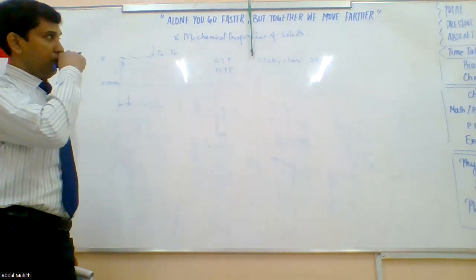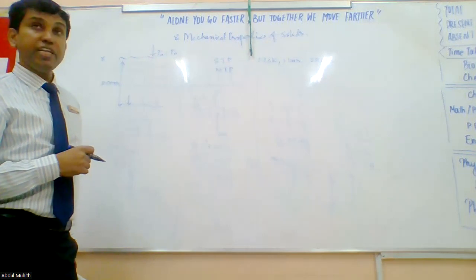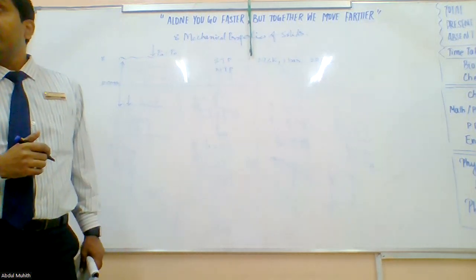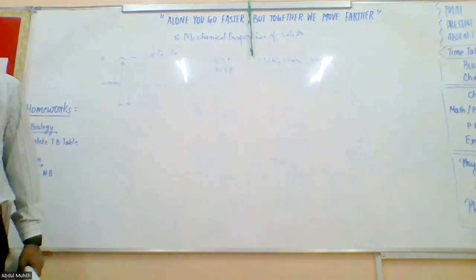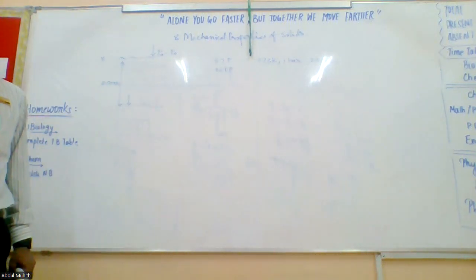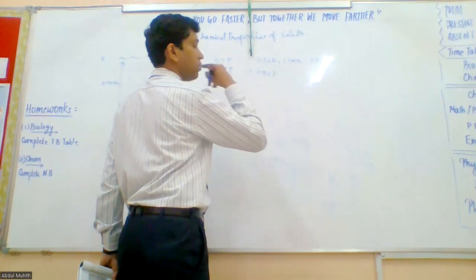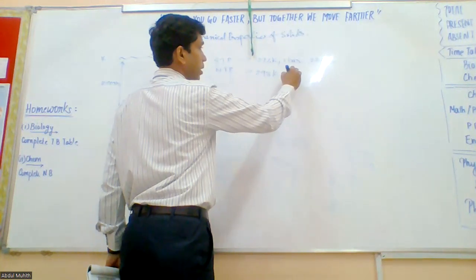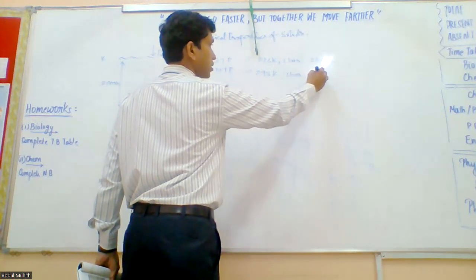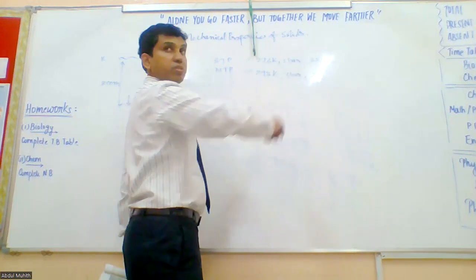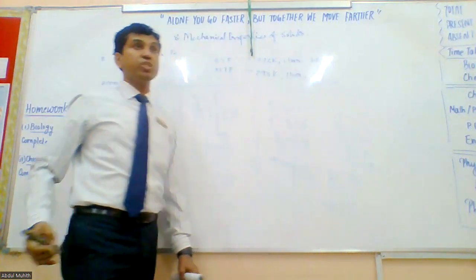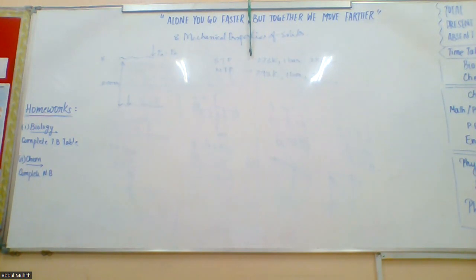NTP is normal temperature, normally 25 degrees, so add 273 and that becomes 298 Kelvin, and 1 bar. Just look at the chemistry book, first lesson. It is given there. Anyway, later on you can check the STP and NTP values.